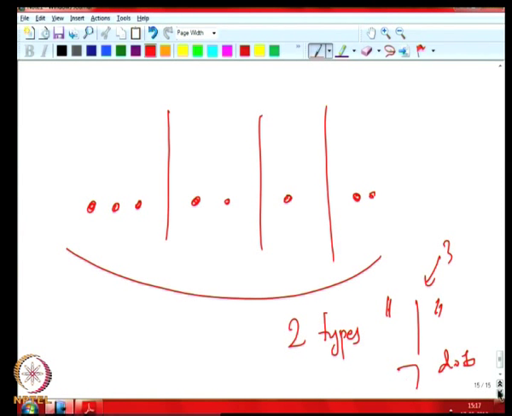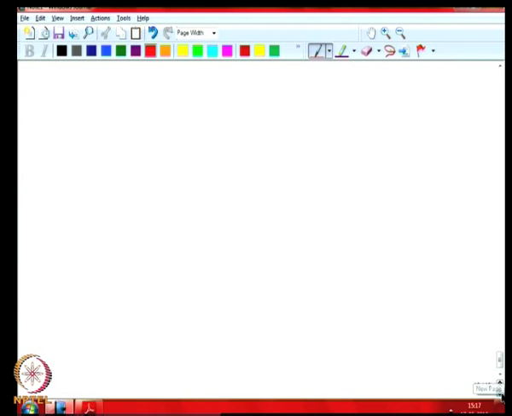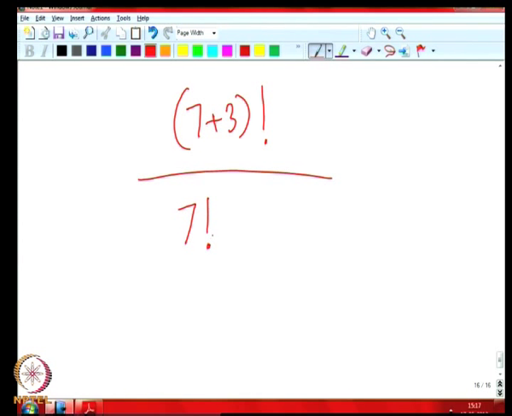Now we know that the 7 dots and 3 bars can be arranged in (7 plus 3) factorial divided by 7 factorial times 3 factorial ways. This is the multinomial coefficient (10; 7, 3) which we have studied, right. So all those arrangements.